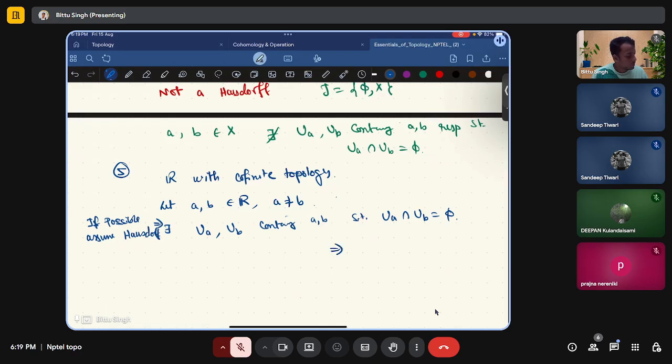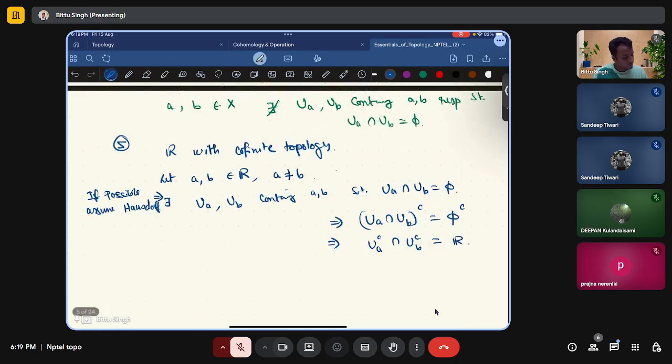But this will imply the complement of (U_A intersection U_B) is the same as the complement of empty. By De Morgan's law, this says U_A complement union U_B complement is now the whole set R. But we can note that U_A and U_B are non-overlapping open sets.